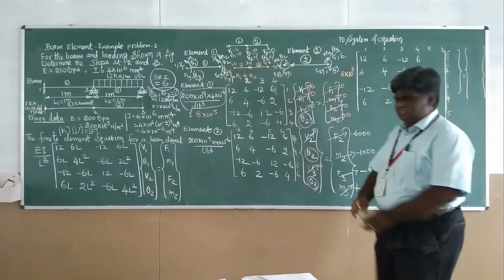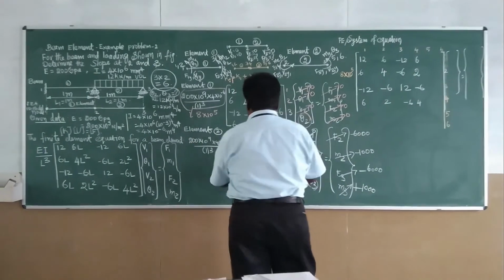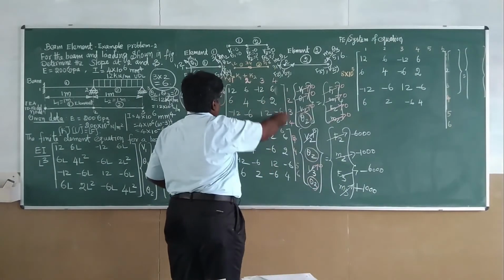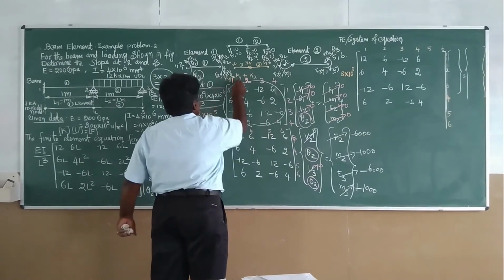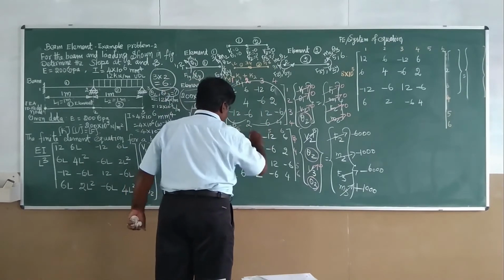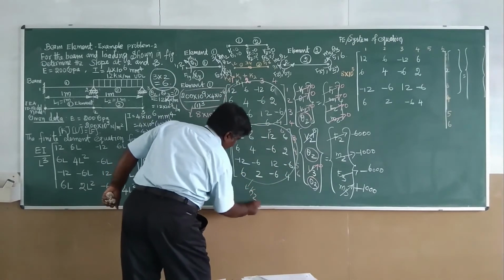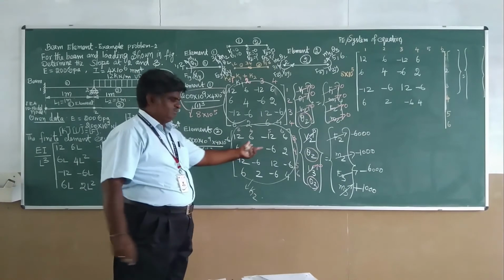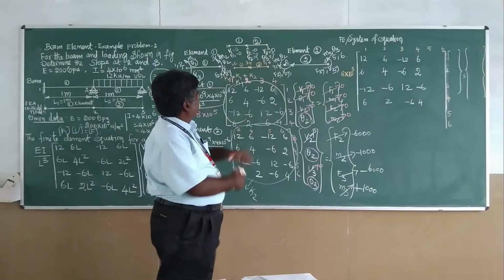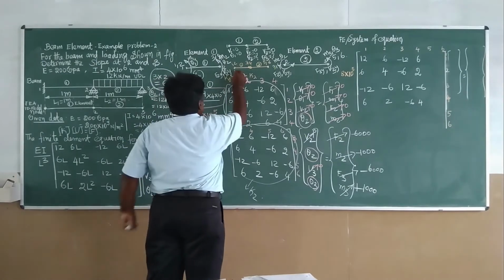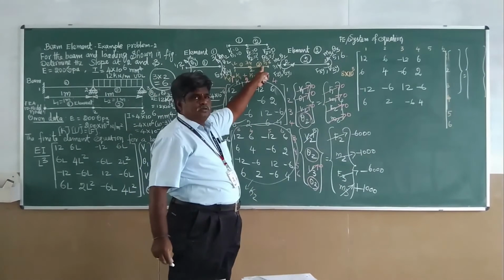So next consider assembling the K2 value. This is the whole value, K1, and K2 is the stiffness matrix for element 2. Element 1 is connected with nodal point 1 and 2.